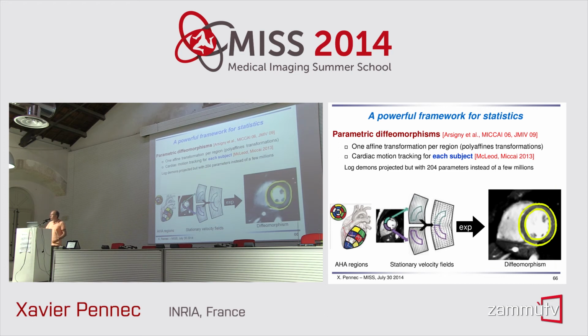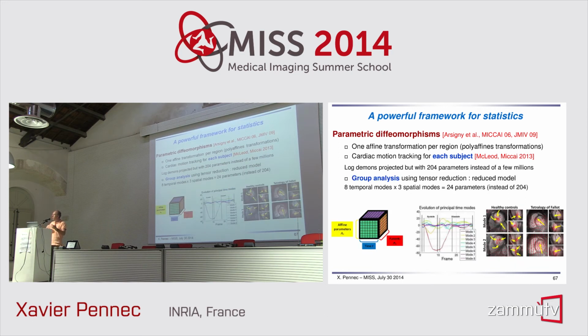And now we can even try to decompose the deformation into independent time and space. In that case, it's not PCA anymore, it's tensor decomposition. By using 8 temporal modes and 3 spatial modes, we have 24 parameters that characterize the motion.